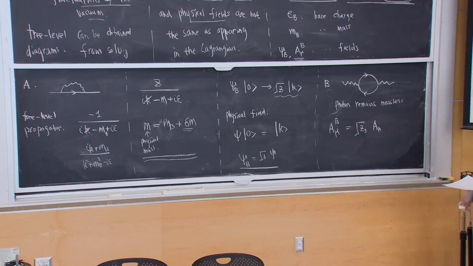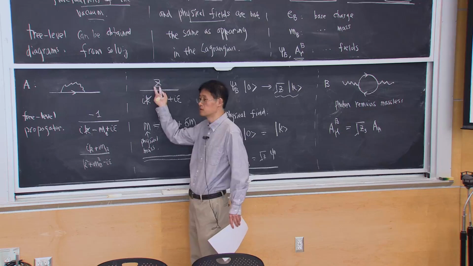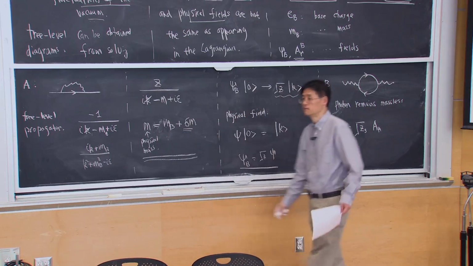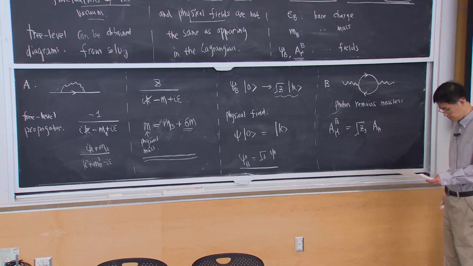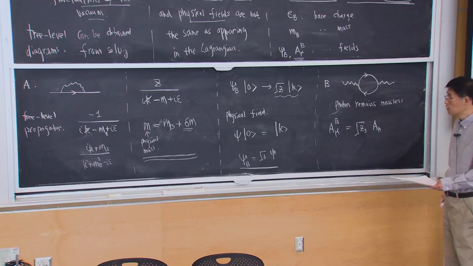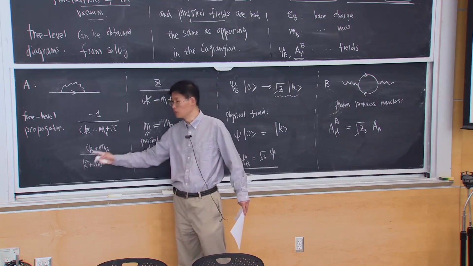Yes, it's just a constant, because we just calculated it, this is just a constant. This is defined to be the residue of the pole of the propagator.